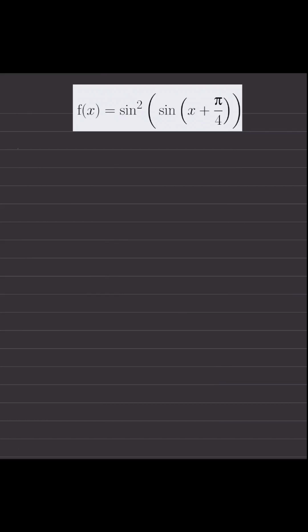Okay, in order to solve this problem, we need to use the chain rule consecutively. So the first thing that we take as u is this guy, and then the function reads u squared, and we know that the derivative of u squared is simply comparable to x squared, which is 2u, but you multiply it by u prime because of the chain rule.